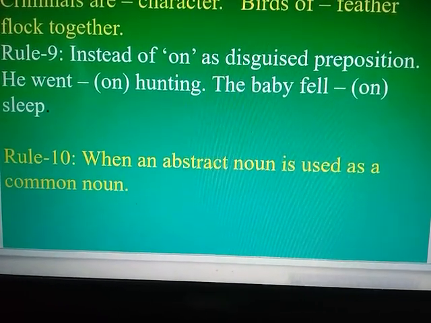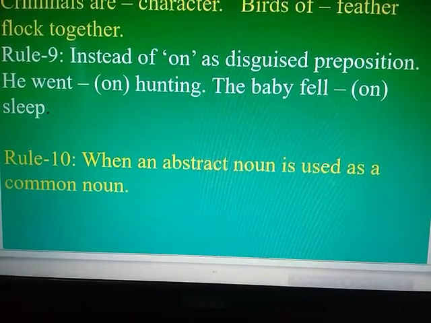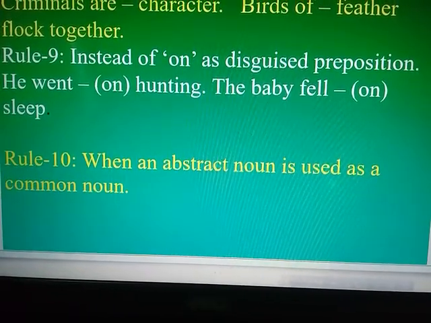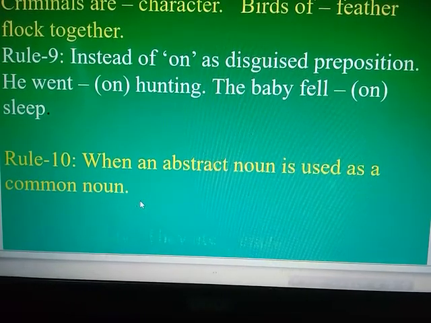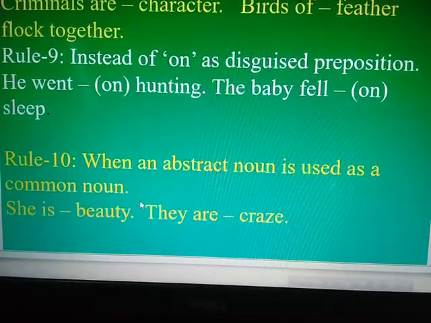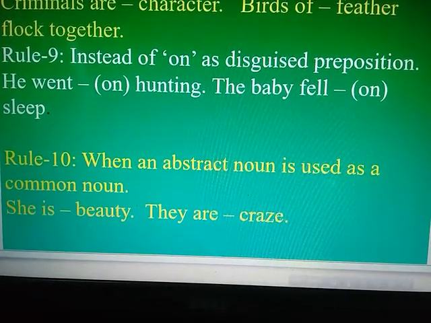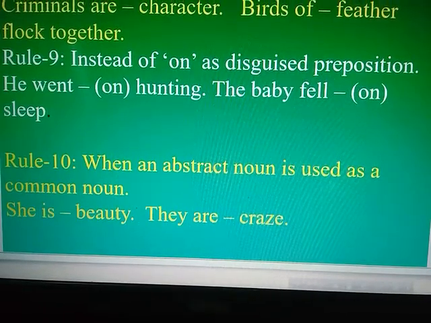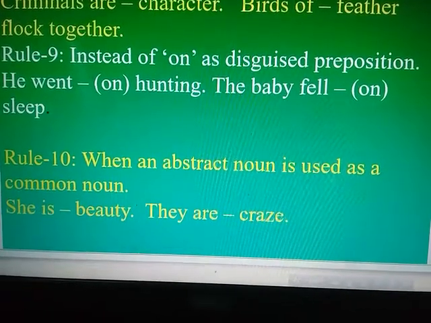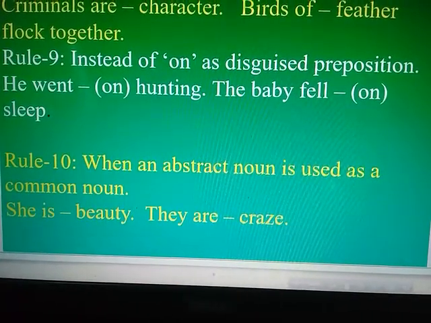Rule number 10. Sometimes an abstract noun is used as a common noun. You know what an abstract noun is, and you also know what a common noun is. Here is an example: She is dash beauty.